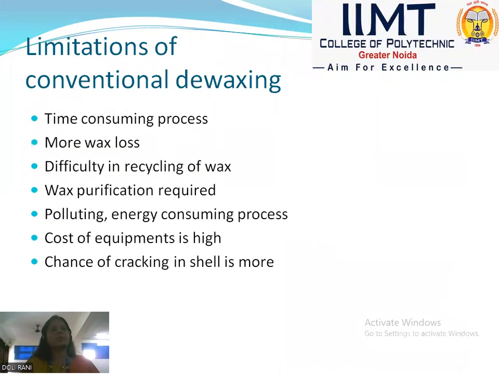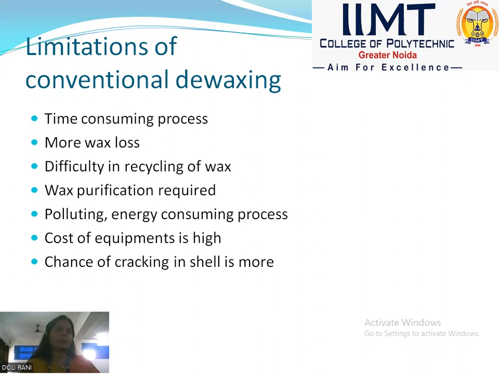Some limitations of conventional dewaxing are that it is very time consuming, because each time we are removing the wax and preparing the pattern again, so it takes time, and time is also required for purification of the wax.